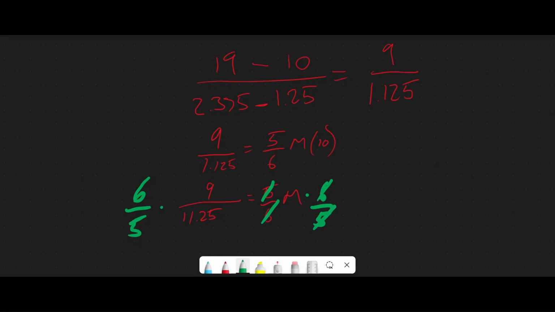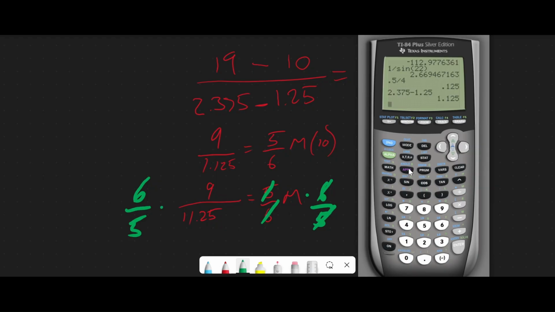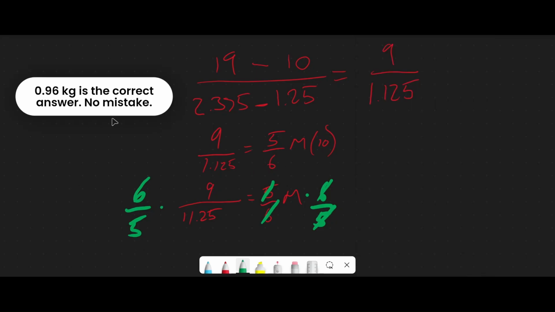So my final step is going to be 6 times 9 divided by 5 times 11.25, and I should get, I made a mistake somewhere. Let's see if I can find it.